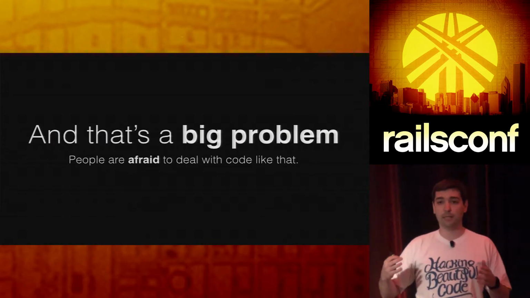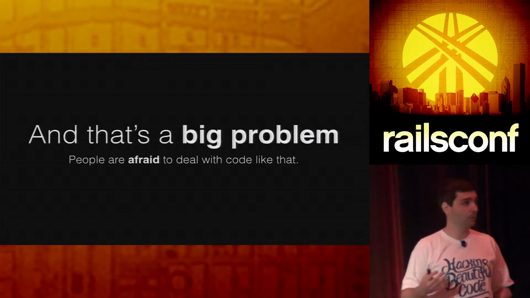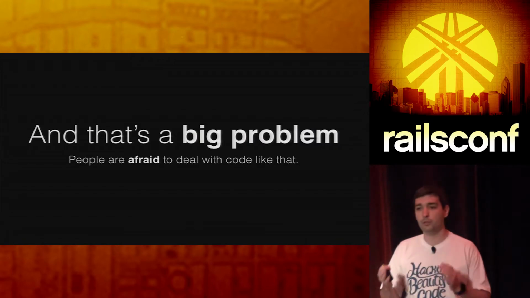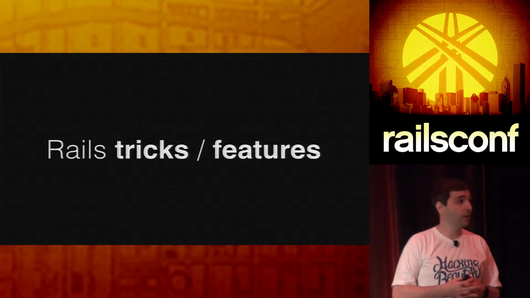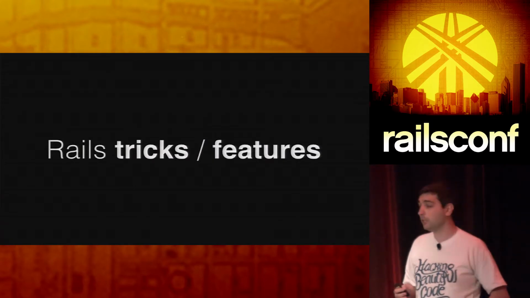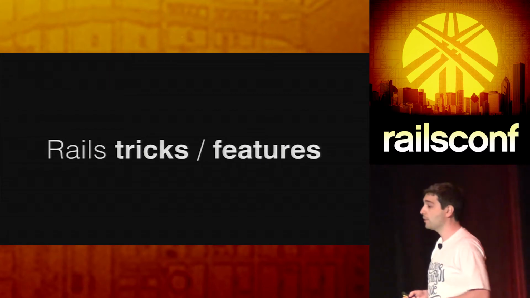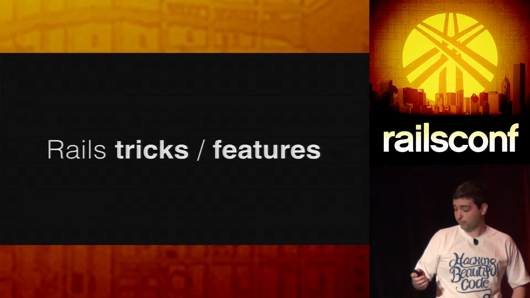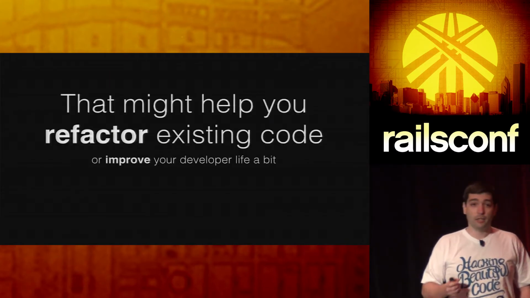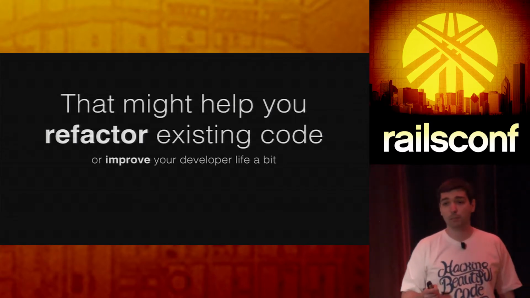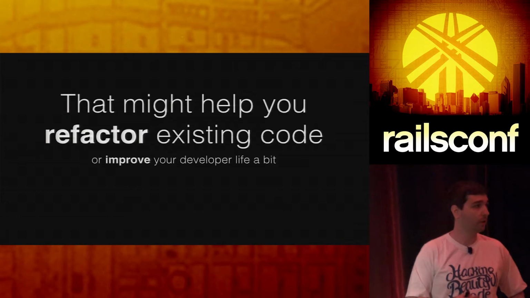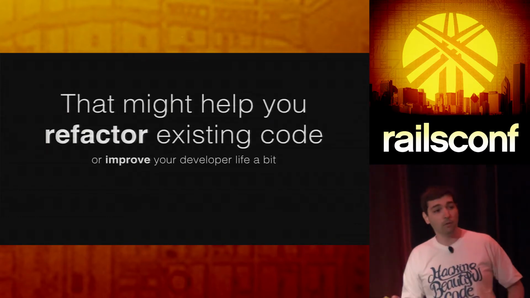As the time passes, besides getting used to the code, we get afraid to deal with that duplication. So let's see if today we can improve the situation a little bit with some Rails features that I'm going to show you, right? Hopefully these features will help you refactor existing code in our application, or maybe it will improve your developer life a little bit from now on.